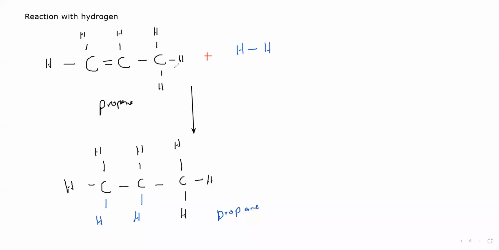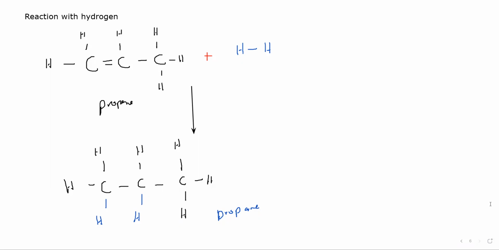So alkene plus hydrogen will give alkane. Sometimes you have to complete a word equation, sometimes a symbolic equation, or sometimes you have to complete the structure. Word equations are easy to complete.